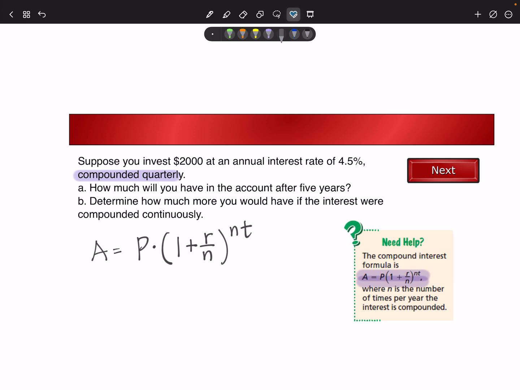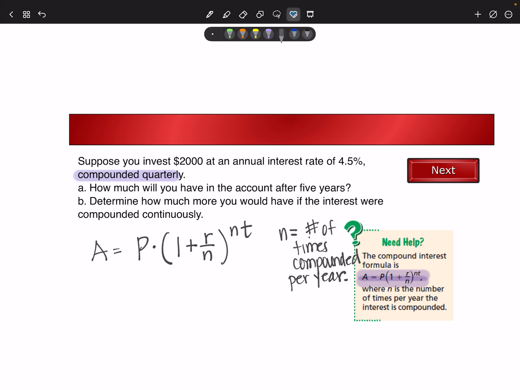Now, n is a new value. n is the number of times it's compounded. Compounded means how many times they are looking at your account, the number of times compounded per year.